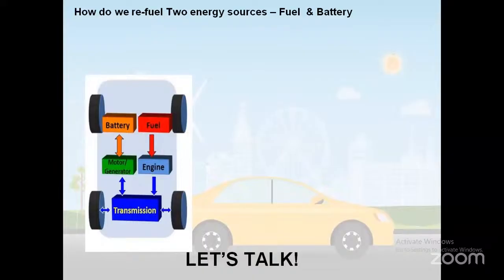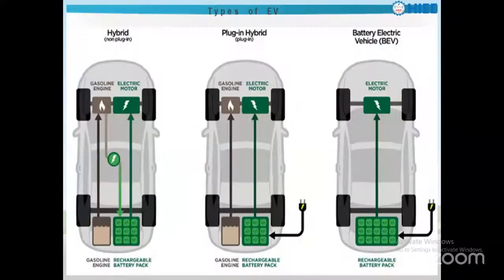In the components, we saw the traction battery, followed by the use of the controller, the converter and the inverter, and why we use two different types of batteries: one is the auxiliary battery and one is the traction battery. Then we saw the major disadvantages of electric vehicles, and the different types of electric vehicles.